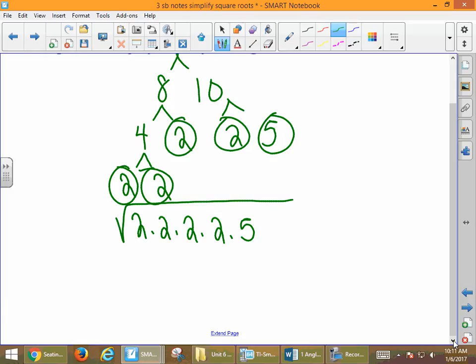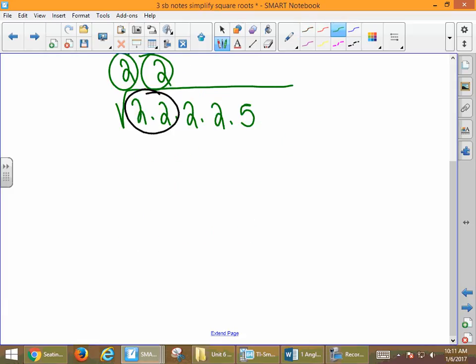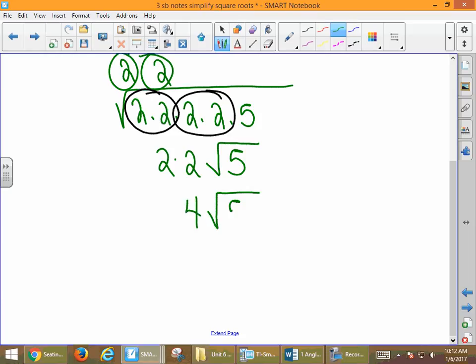Two of the same value, we take out that value. With respect to our 5, it's a singular value. We can't take anything out, so we're going to leave it underneath the radical. And finally, 2 times 2 is 4. Radical 5.